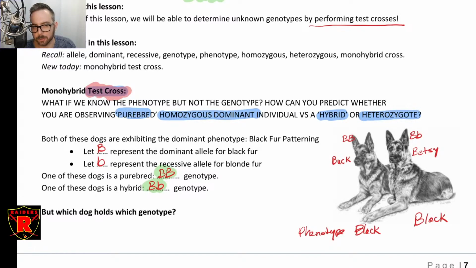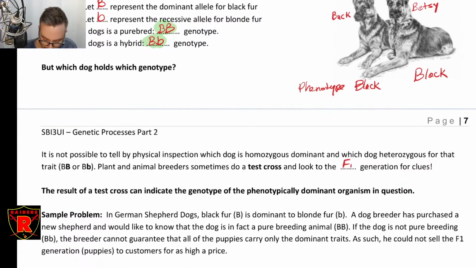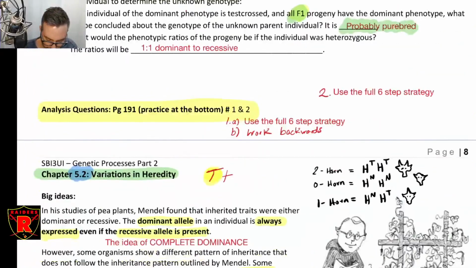You've probably heard the word purebred used before with regards to dogs. It's used in breeding of all kinds, because purebred is usually what you're looking for as a breeder, because you want all of the dogs that you breed with that dog to have the same traits. So breeding a homozygous dominant animal is usually essential to doing that. So anyway, we're going to talk about how to determine that and some strategies for figuring that out.